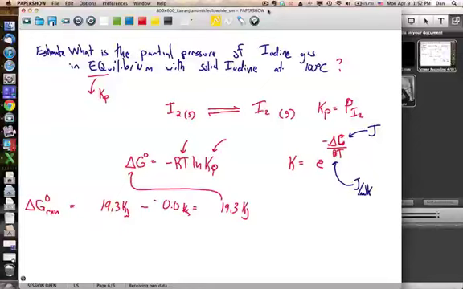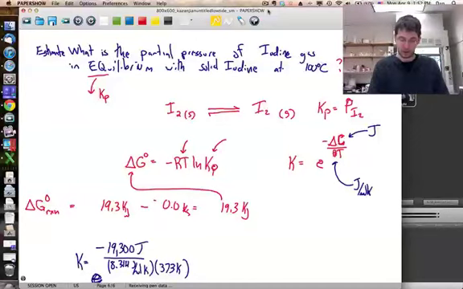So this value K would equal e raised to negative 19.3 thousand joules divided by 8.314 joules per mole Kelvin at a temperature T of 373 Kelvin.